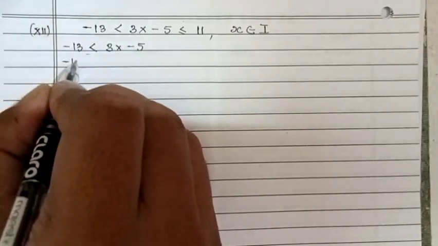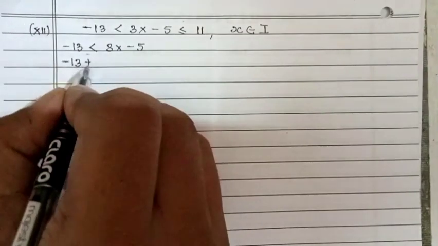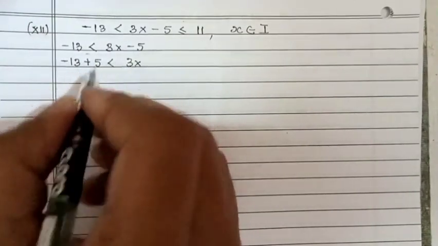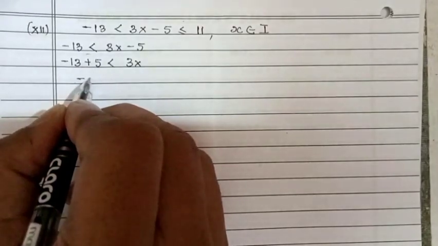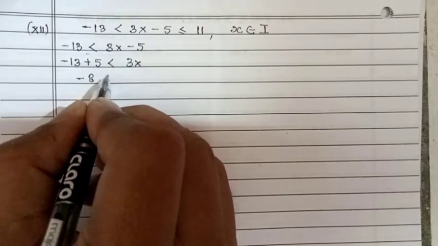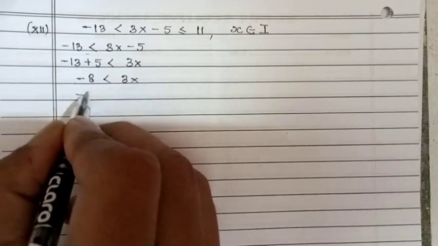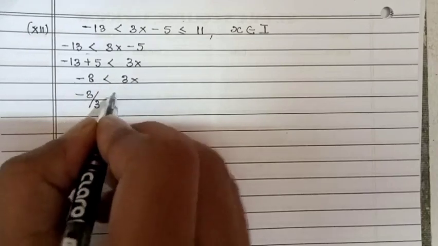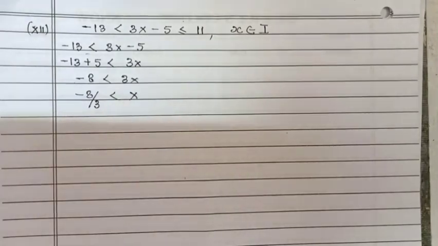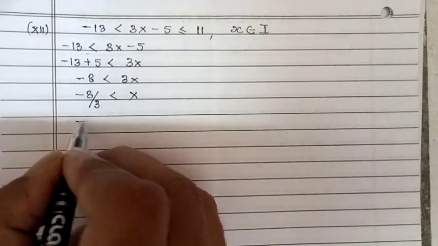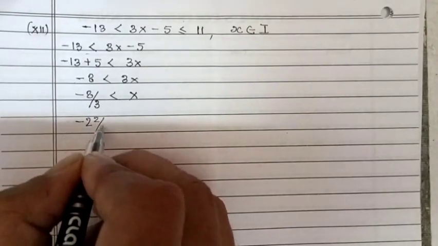So this will give you minus 13 plus 5 less than 3x, so minus 8. So minus 8 upon 3. So you are getting minus 2 whole number 2 by 3.